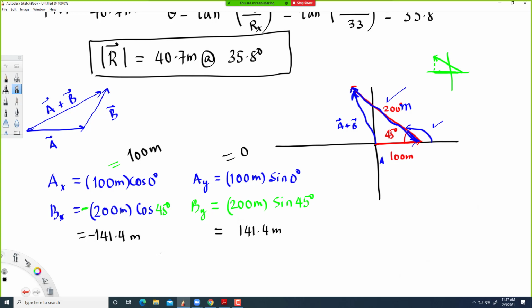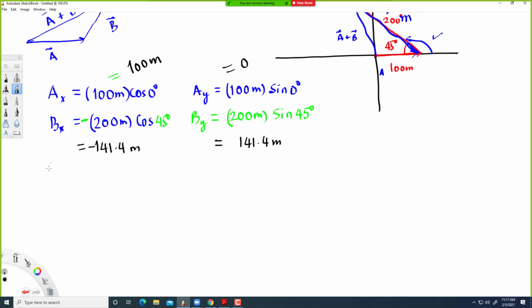Now to add the vectors, we add the components first. So we want to get Rx, the resultant of the x components, which is Ax plus Bx. So 100 meters plus minus 141.4 meters. That will give us negative 41.4 meters.